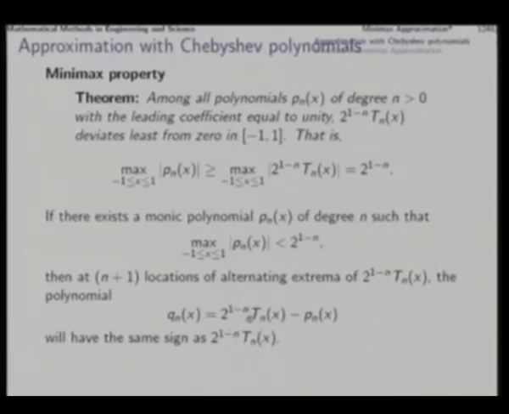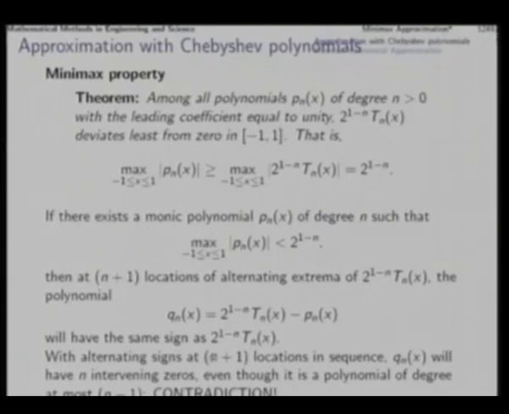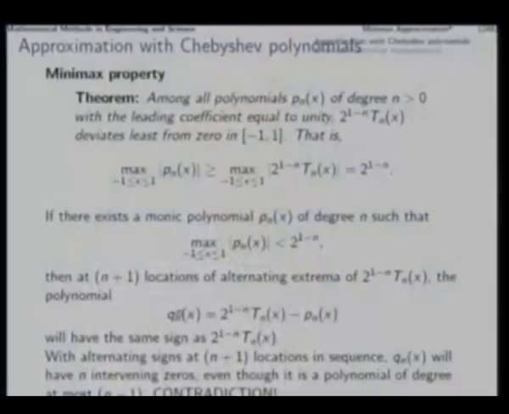Now, we already know the nature of the signs of this in sequence, that is, n plus 1 alternating extrema this function has. So, its sign will be alternating at these n plus 1 locations, positive, negative and like that. So, with alternating signs at n plus 1 locations in sequence, T n x and therefore q n x also will have n intervening zeros, because q n x has the same alternation of sign as this, since this one is going to dictate the sign of q n.